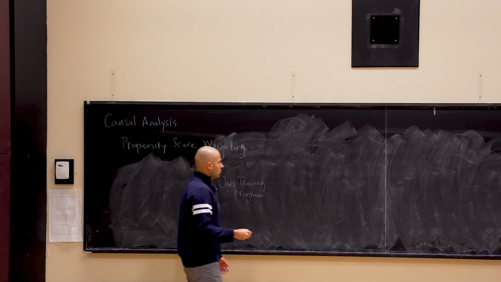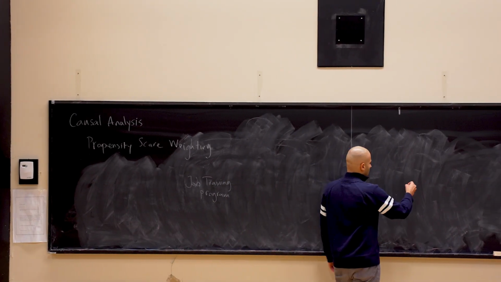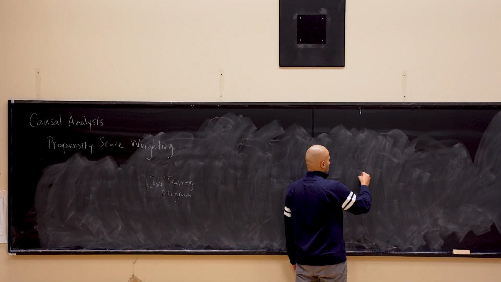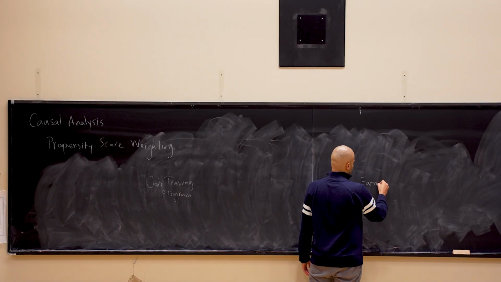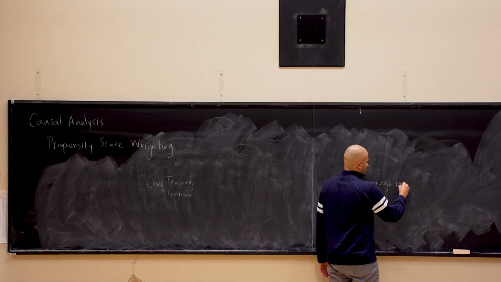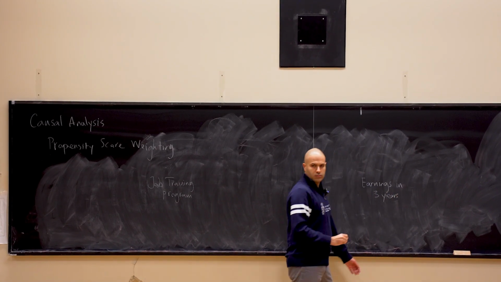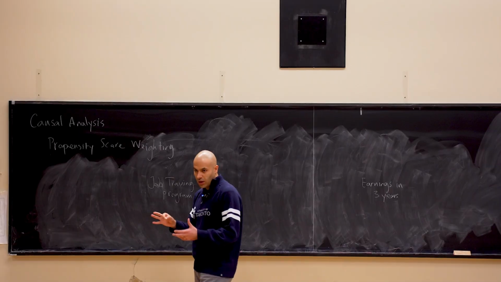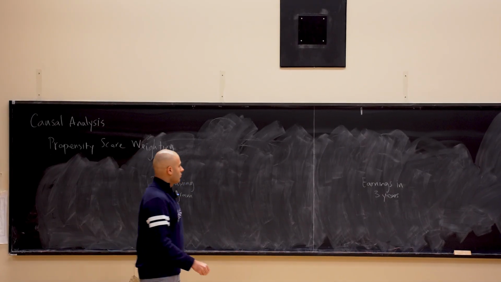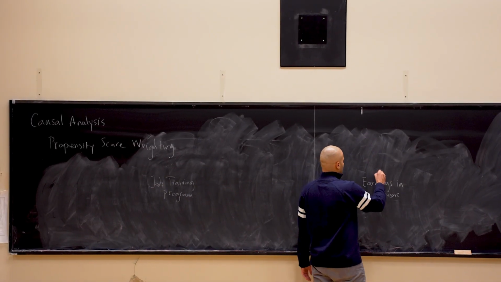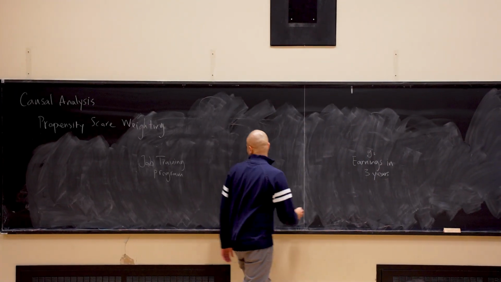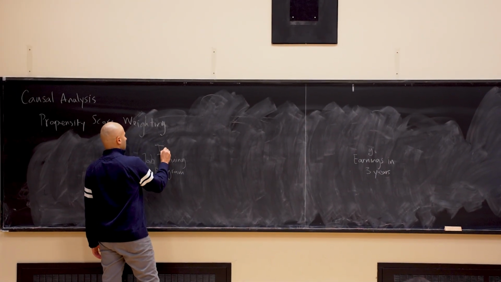And we want to know its impact on another variable, which would be earnings in 3 years. So we need to have data on both of these, right? This is our y variable. This is our treatment variable t.